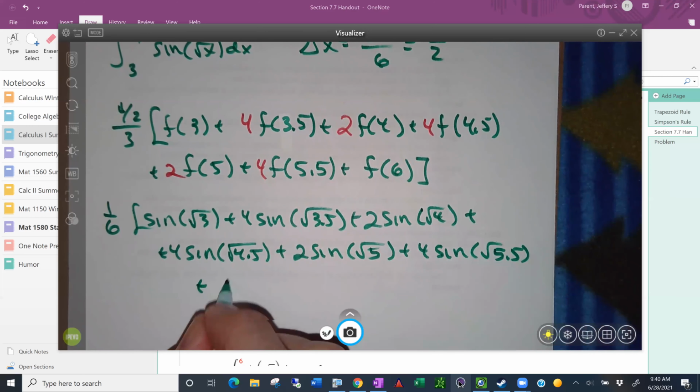And lastly, plus the sine of the square root of 6.